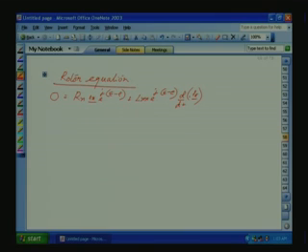Then plus m into e raised to j (epsilon minus rho) into d by dt of IS, originally defined with respect to the stator axis, now will be defined with respect to rotor axis.